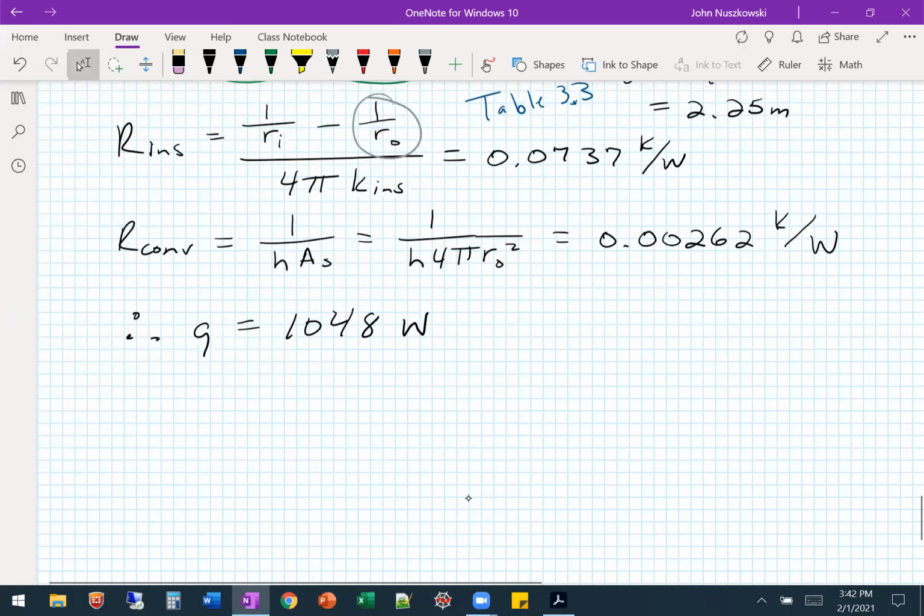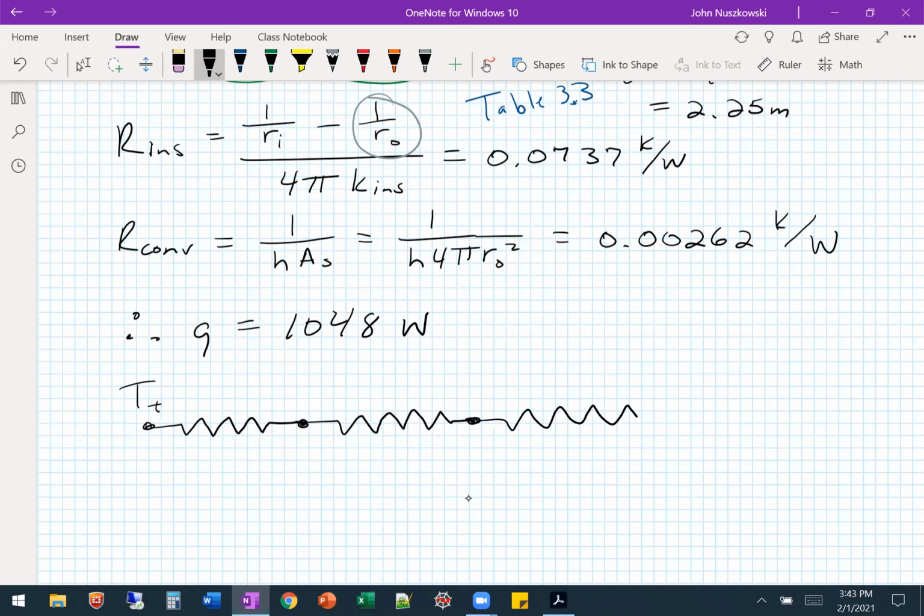If you want to see it visually, you could look at it as another thermal circuit, where you have two insulation thermal resistors. Then this is T infinity, so you have insulation to Z, some other insulation thickness, which I'll call 2, and then convection.